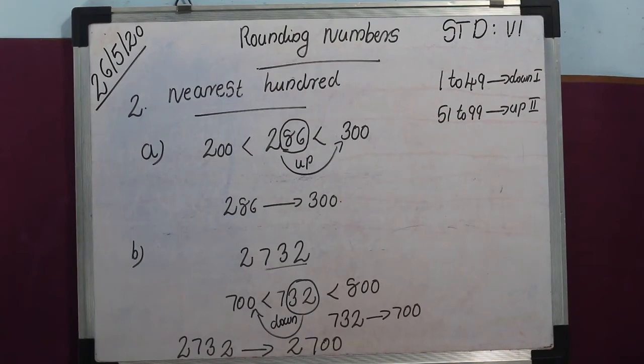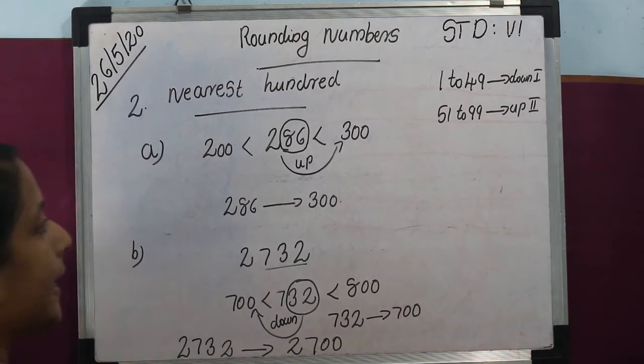Once more I will explain. Nearest 100. The first example is 286. 286 lies between 200 and 300. For nearest 100, there are two conditions: 1 to 49 is rounded down to the first number and 51 to 99 is rounded up to the second number.